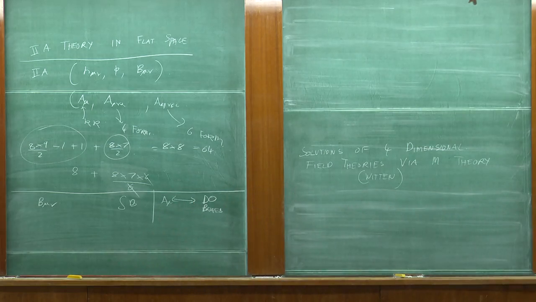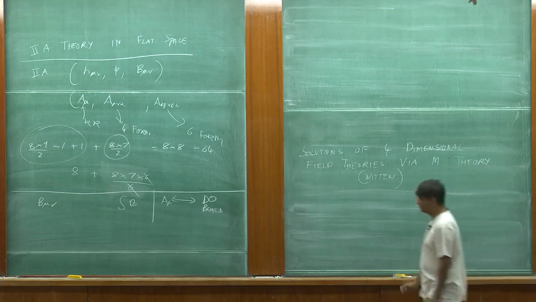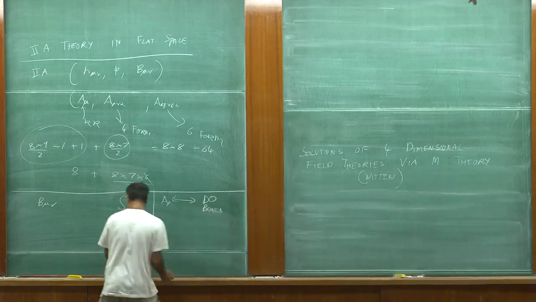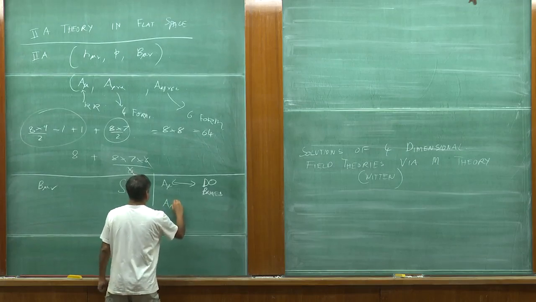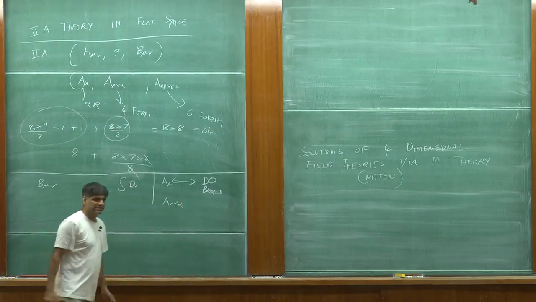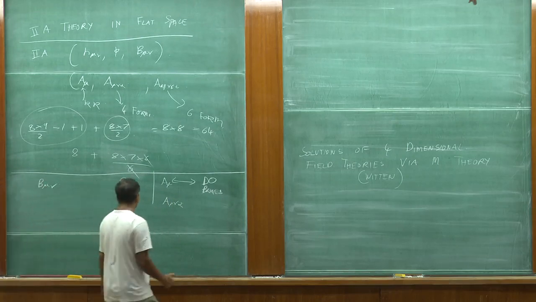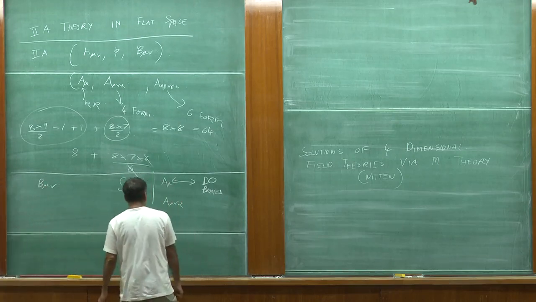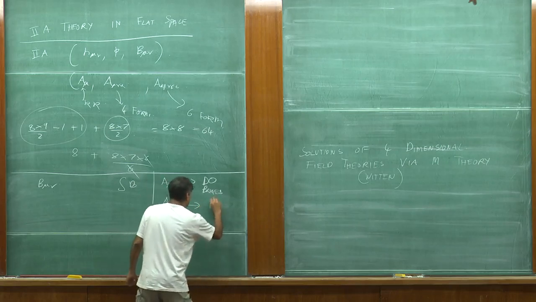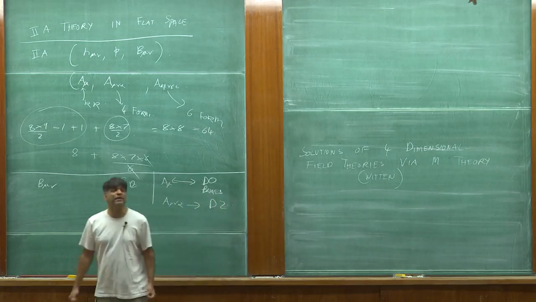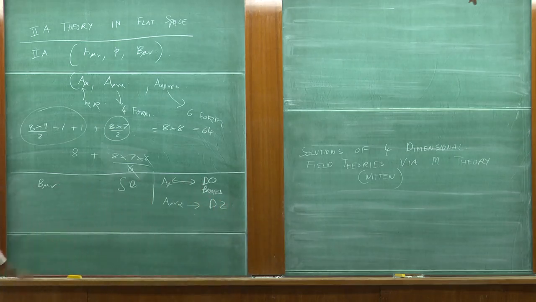So they have a world line, they're just objects. Okay? Then there is this A mu nu alpha, which couples to what are called two branes, two-dimensional objects.